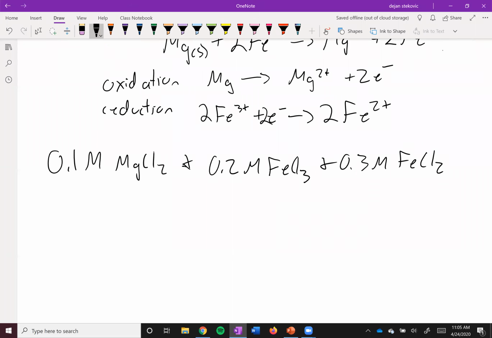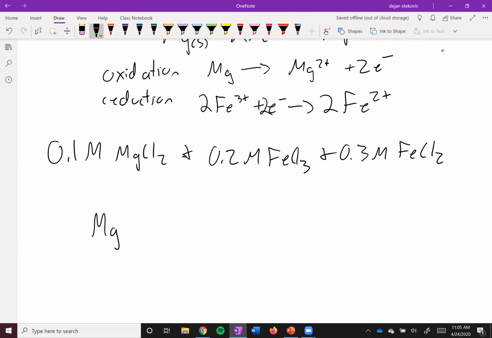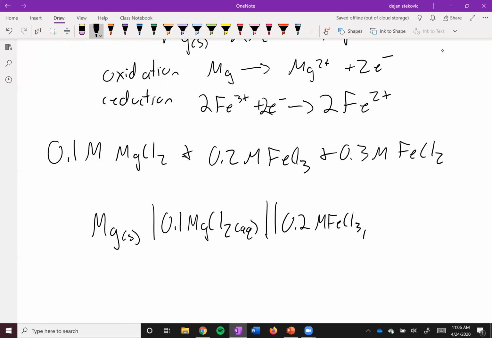Remember, you want to follow the electrons. So go from left to right, anode to cathode, oxidation to reduction. So all the way on the left, we had solid magnesium, followed by a straight line to separate our phase, our aqueous solution of magnesium chloride, that is 0.1 molar, a double line to separate the 2 half cells, and then we have a solution that is 0.2 molar FeCl3 and 0.3 molar FeCl2.